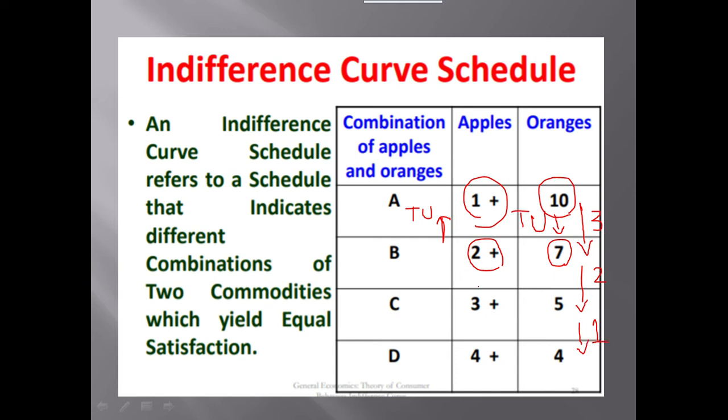To get the second unit of apple, only 2 oranges. And for the third unit of apple, only 1 orange.